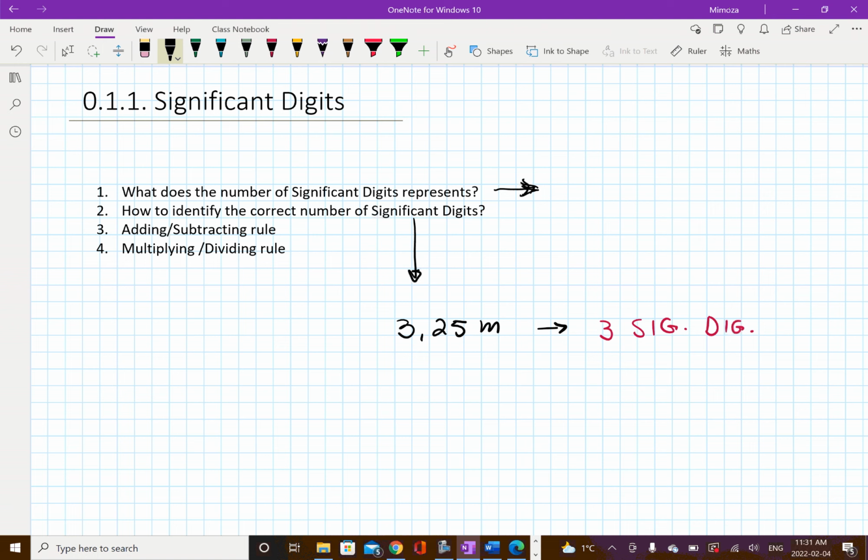However, when we have zeros that are between two non-zero digits, they are counted as significant digits. They are holding the place in that measurement.